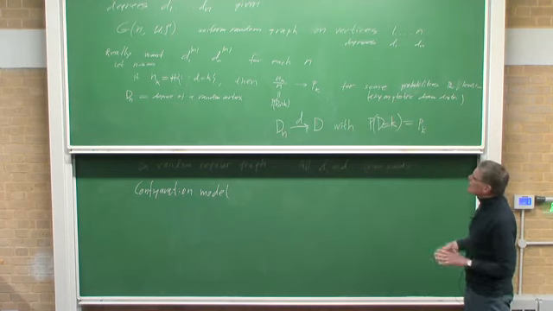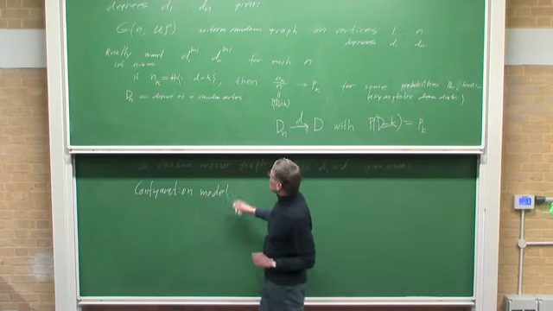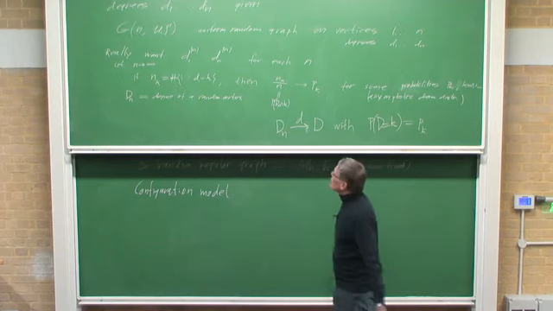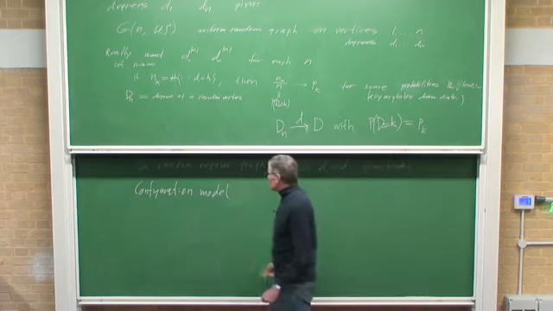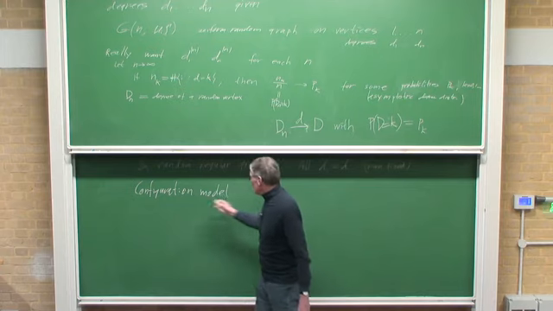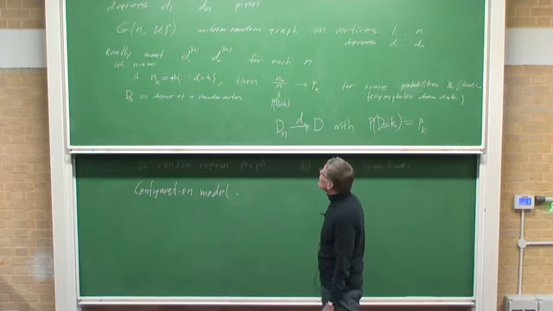If you have very dense graphs, that's a different thing, but I'm not talking about them today. So therefore, the name configuration model has become more or less synonymous with saying a graph with given vertex degrees. So the configuration model is one useful way to get them.